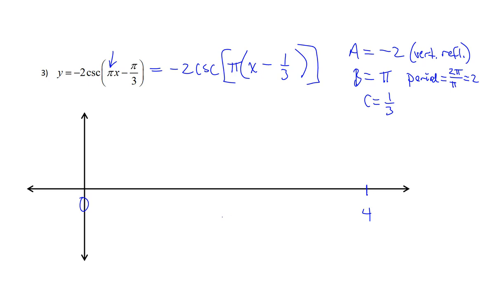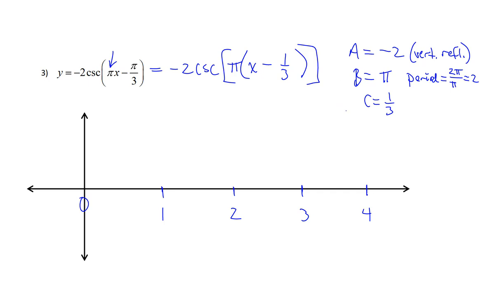So halfway between 0 and 4 would be 2. Then we'll cut all those in half. Between 0 and 2 would be 1. Between 2 and 4 would be 3. Now we have some useful places marked on our x-axis that we can start using for setting up the important things: asymptotes, intercepts, and so on.